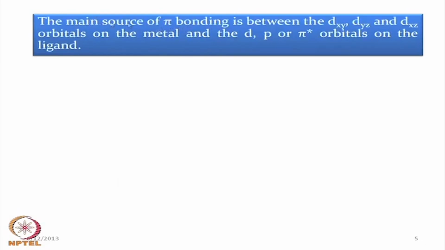Therefore, the main source of pi bonding is between the dxy, dyz and dxz orbitals on the metal and the d or pi star orbitals on the ligand. If the ligands are of a different type, they are not providing only p type orbitals; they may have some d orbitals also.